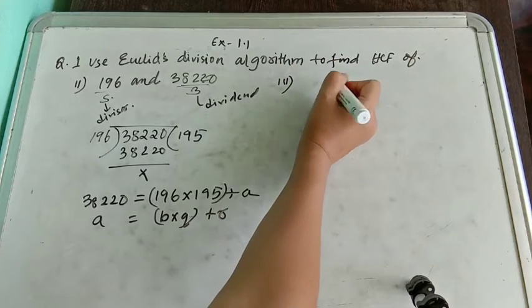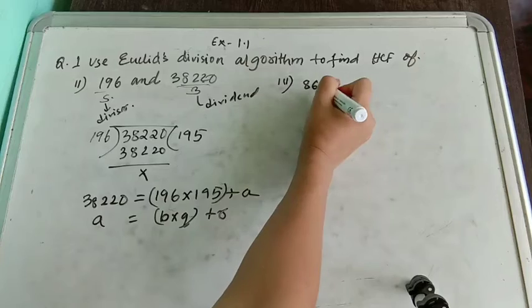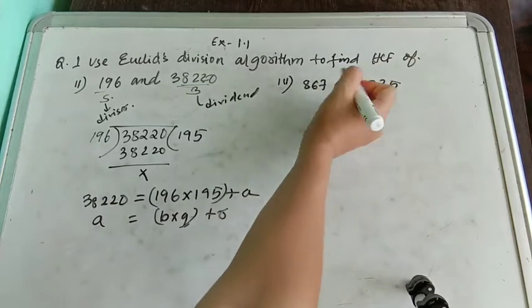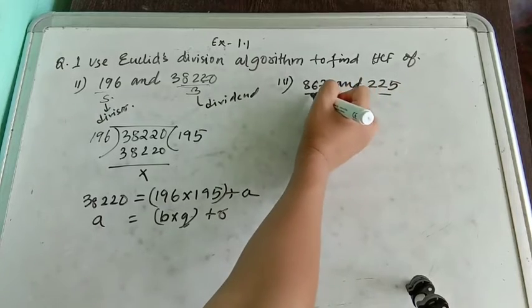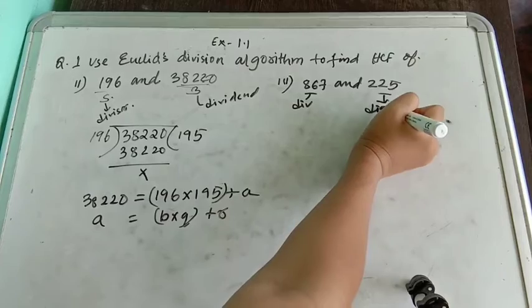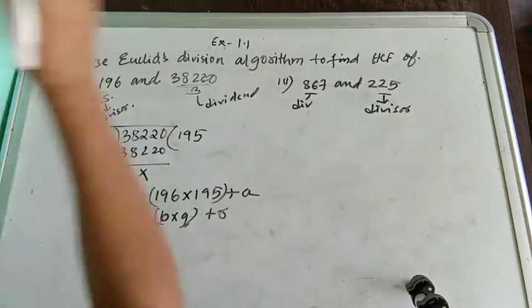For sub-question 3 of question number 1, we have to find the HCF by using Euclid's algorithm theorem of 867 and 225. Here 867 is the bigger number, therefore it is the dividend, and 225 is the smaller number, therefore it is the divisor.